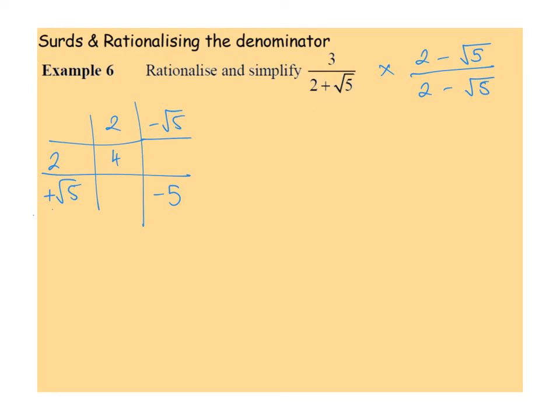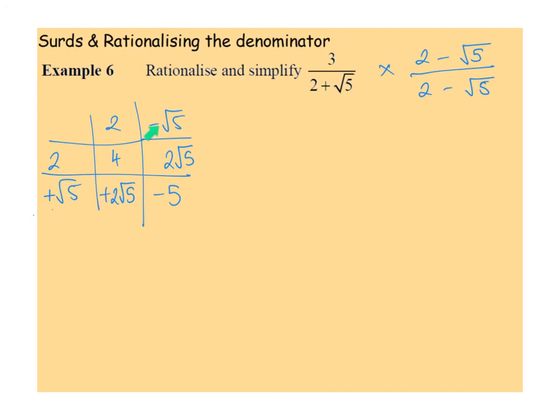And then in the remaining 2 boxes, I've got root 5 multiplied by 2 for this box here, and root 5 multiplied by 2 for this box here. I'm just ignoring the signs for the moment. So both of those are going to give me 2 root 5. In this one, I had a positive multiplied by a positive, so that will just give me a positive.